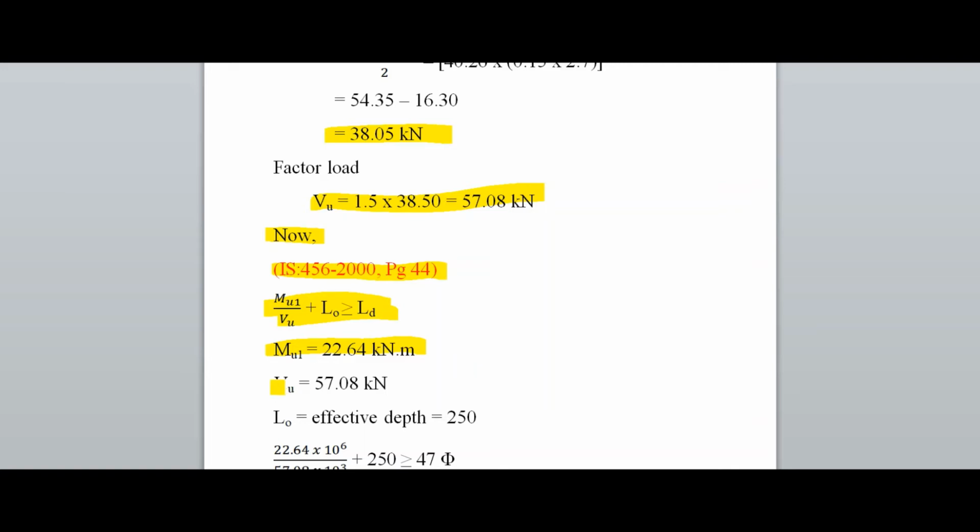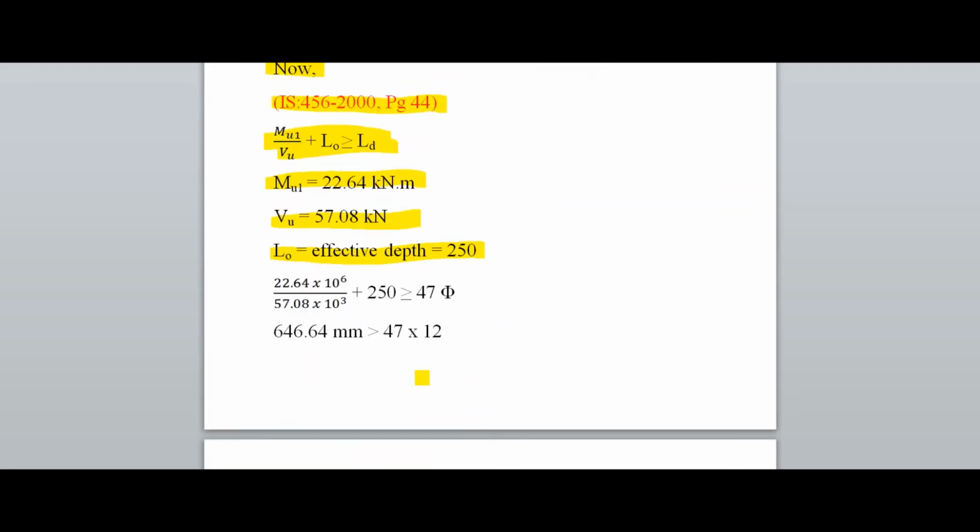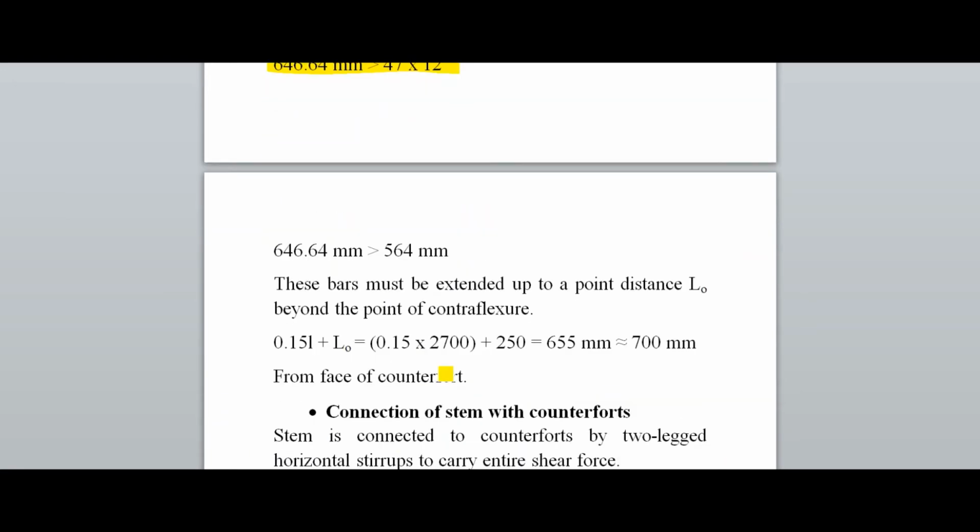Vu is 57.08. L0, effective depth, is 250. So put all the values in the equation. And Ld is 47.5 phi. So 646.64 mm, 47 into 12. So this bar must be extended up to a distance L0 beyond the point of contraflexure.